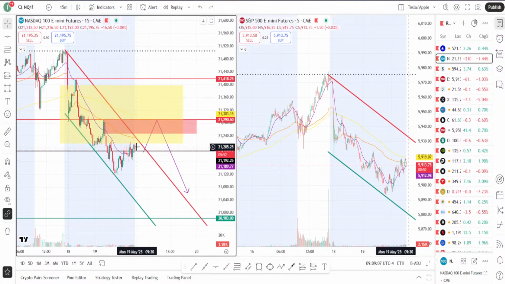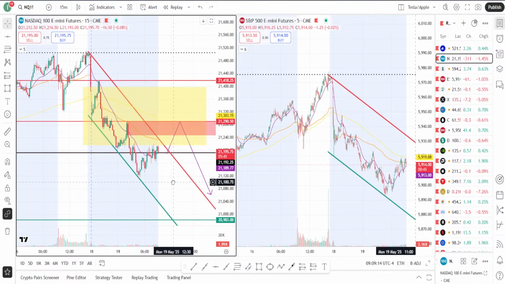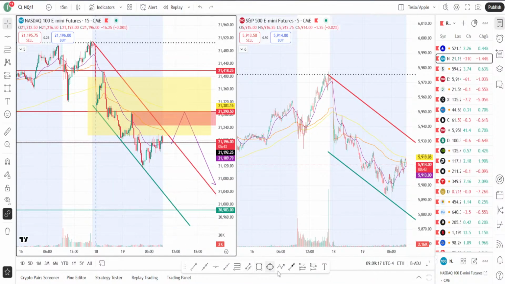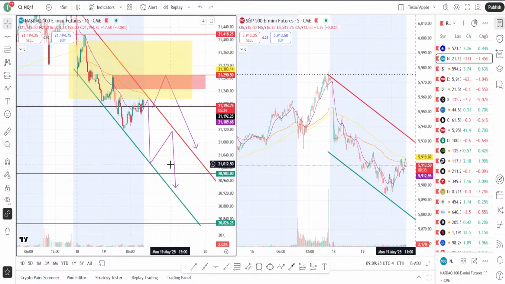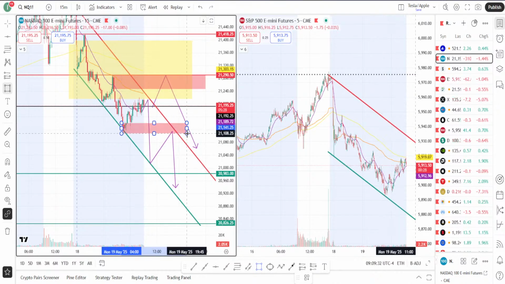Well, the idea is this could go up, break this trend, go here and then continue, or we could just continue to go down this trend here as well. We could just continue to go down. If we do, I think I'll be looking for sells over here.